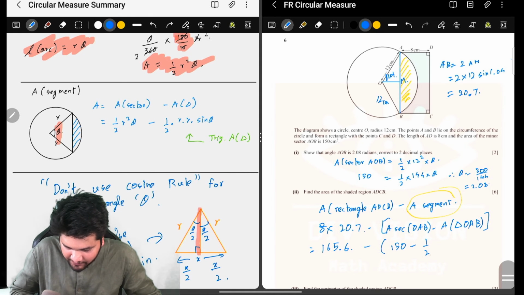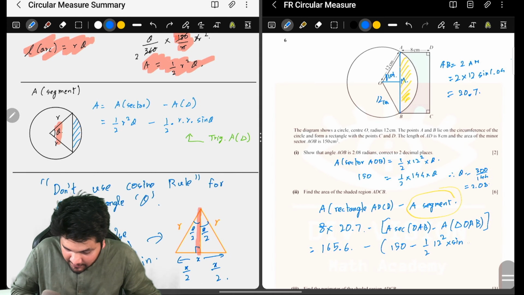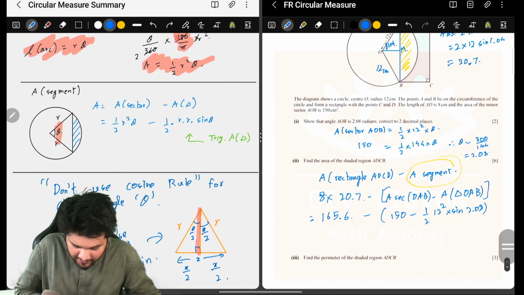Again we are going to use half into r square. Radius is nothing but 12, so 12 square into sine of the angle between them, which is the angle AOB. Okay, so sine 2.08. We'll again use the calculator and we will get the final value.